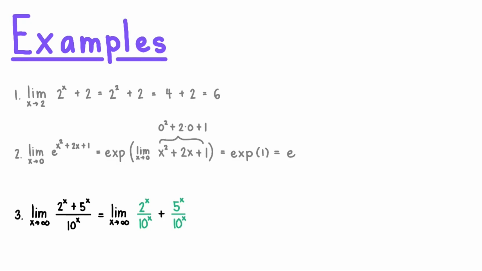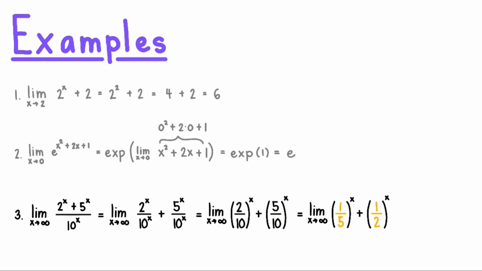And then here, observe that by laws of exponents, since we have a common exponent of x, we can factor that out to obtain 2 over 10 raised to x plus 5 over 10 raised to x. We just simplify the fraction inside to obtain 1 over 5 and 1 over 2.